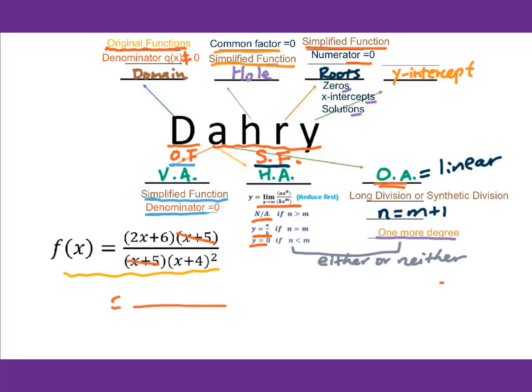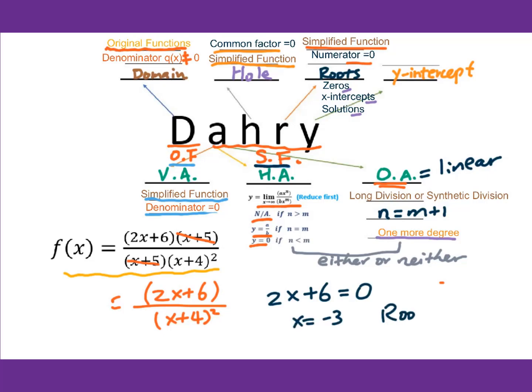You will get 2x plus 6 over x plus 4 squared. For this simplified rational function, we set the numerator equal to 0. Then x equals -3. So the root will be -3, 0.